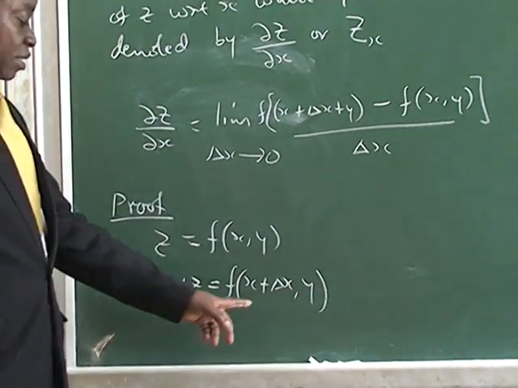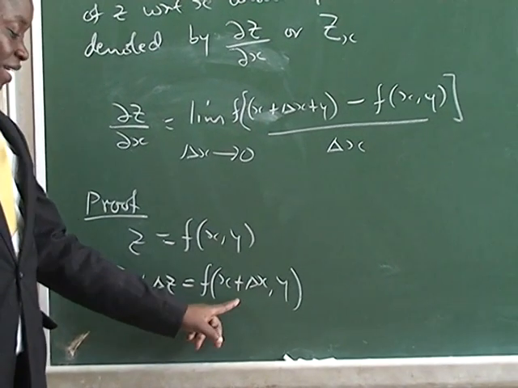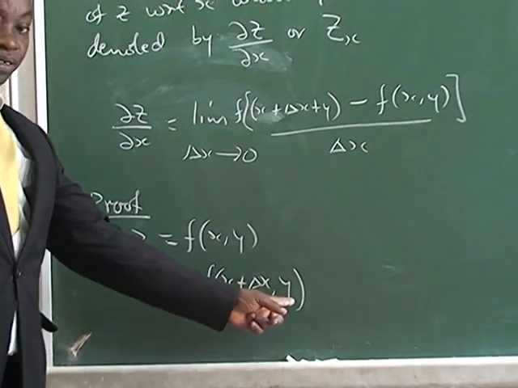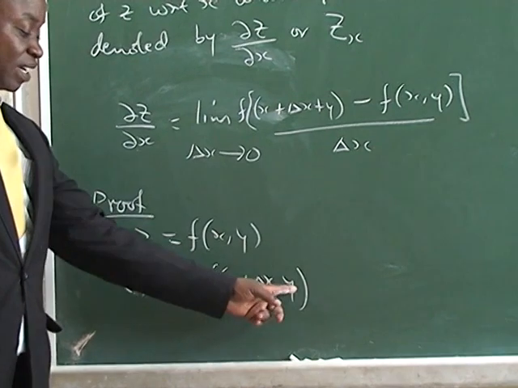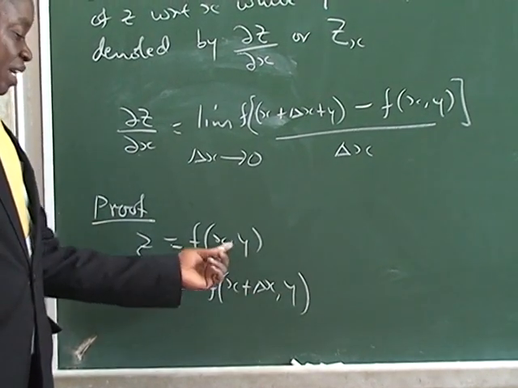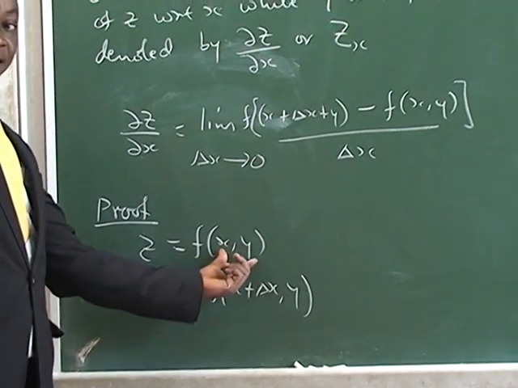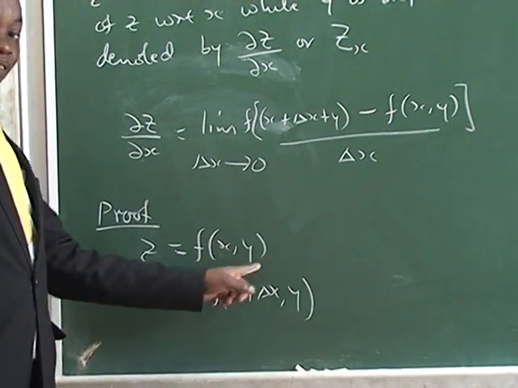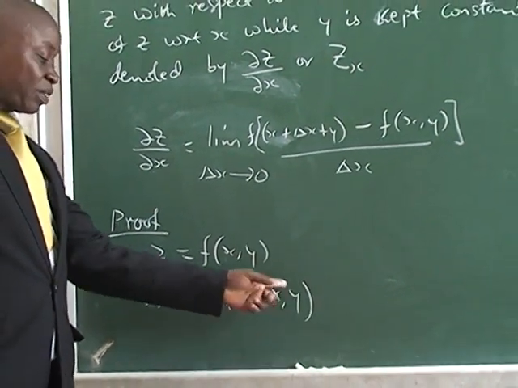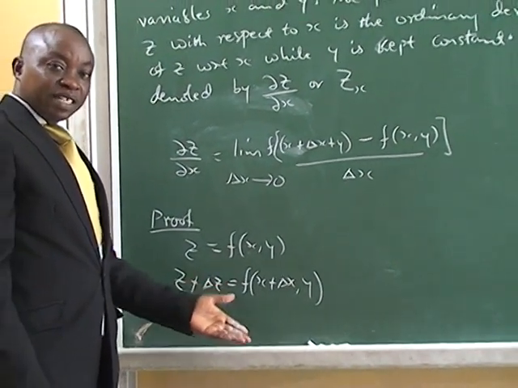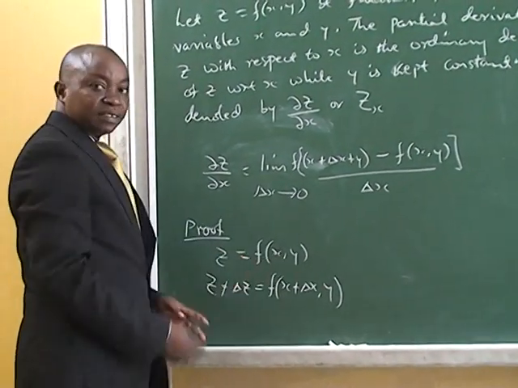Now notice that change only occurs in x, it doesn't occur in y. So we are partial to y because y and x were here together, but I'm dealing with x as if I'm not seeing y. So I'm partial to y. So that's what you call partial derivative. I'm dealing with one, leaving one.